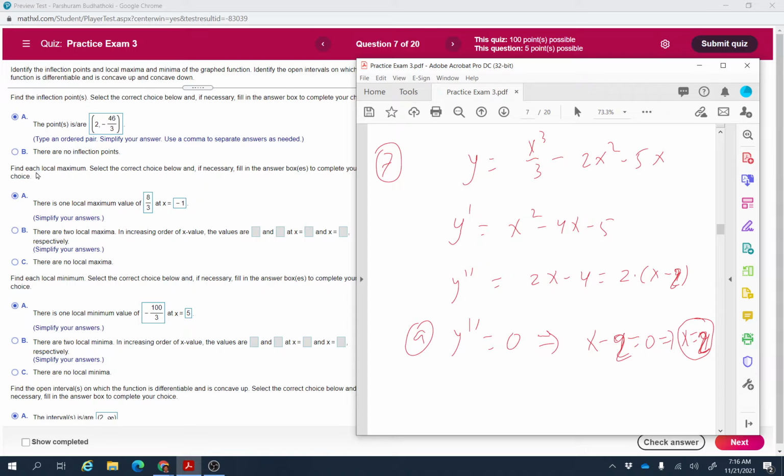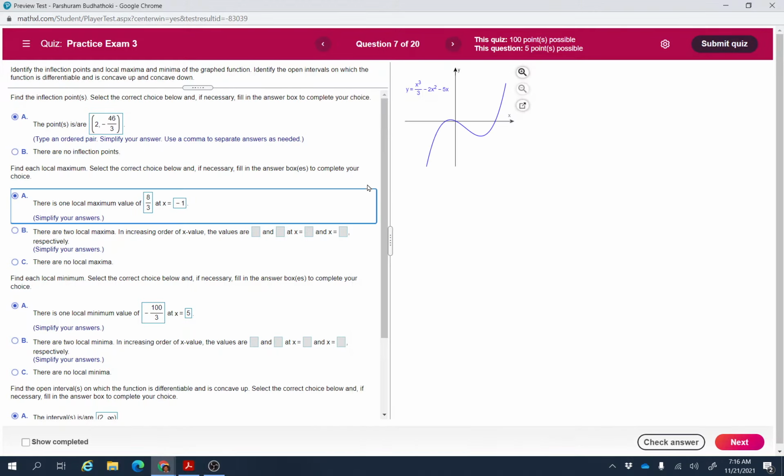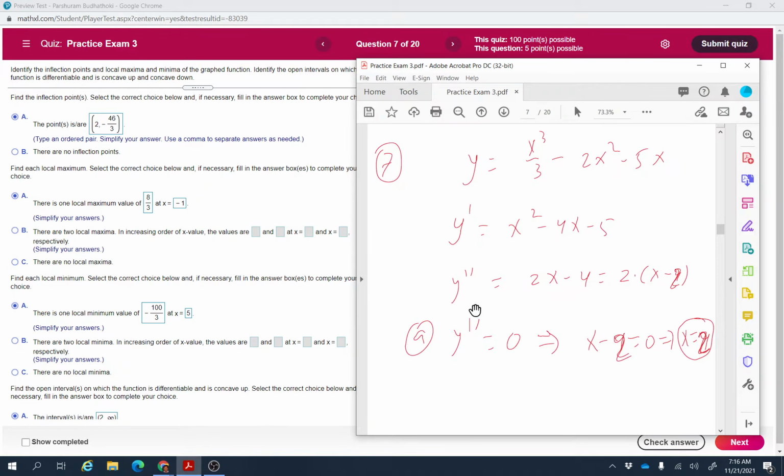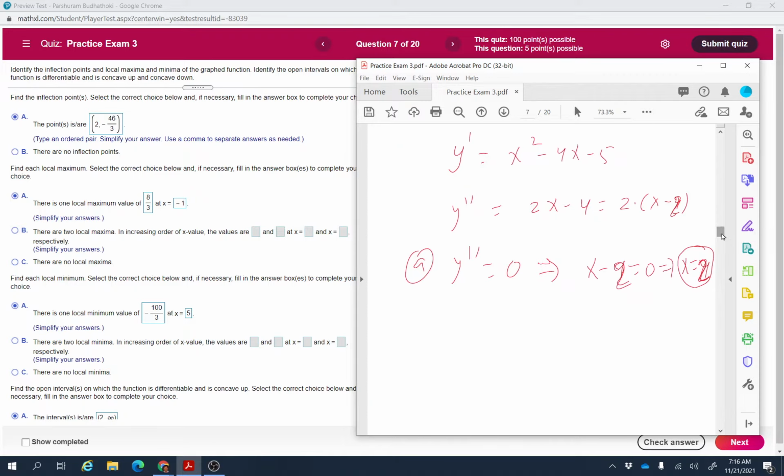Now find each local maximum. Select the correct choice as given. If you look at the graph here, you can see that the local maximum is somewhere here, but we need to find the exact point. So we equate the first derivative with 0 and solve for x to find the critical points, and that's how we find the local max or local min.